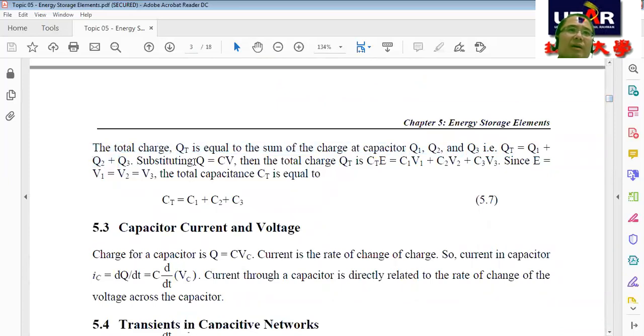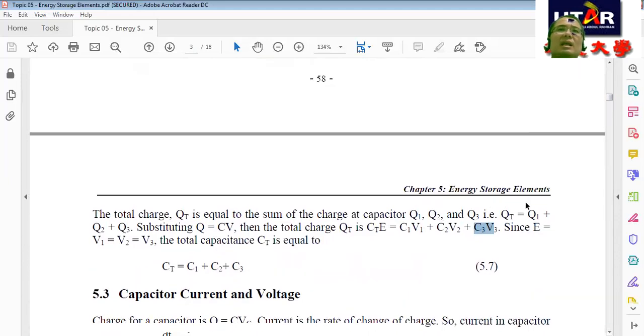Substitute Q equals CV. QT equals CT E, where E is the supply voltage. Then Q1 equals C1 V1, Q2 equals C2 V2, and Q3 equals C3 V3.